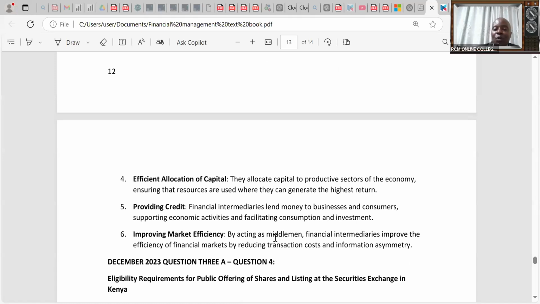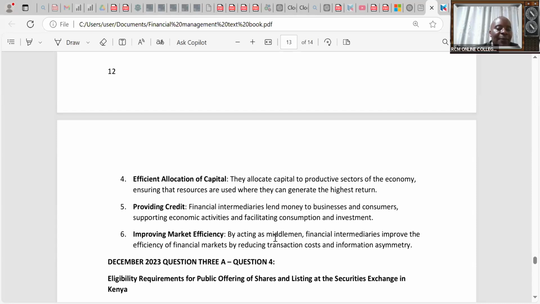Financial intermediaries improve the efficiency of financial markets by reducing transaction costs and information asymmetry. You can imagine if banks were not there, we'd be talking of market inefficiencies. We'd be talking of you moving from point A, looking for some wealthy man. It would have been chaotic. The transaction cost would have been very, very high.